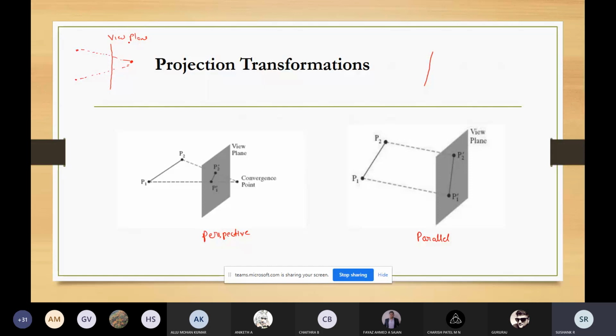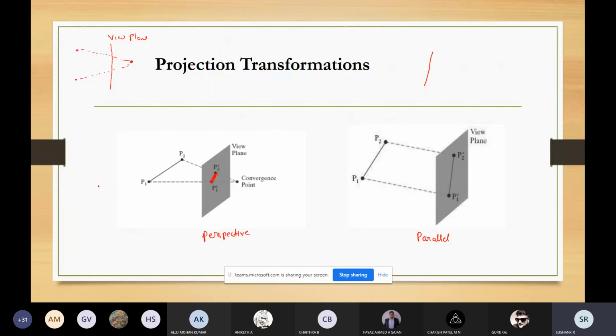So that is how the object will be formed here. For the perspective projection, the object positions will be transformed to the projection coordinate along the lines that converge. So these are the two lines that are converging beyond the point.